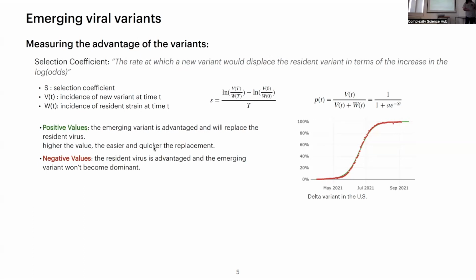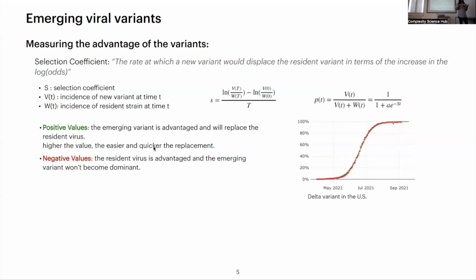If we assume that the new variant emerges when there is a higher level of immunity, that means that there are already a lot of people who are infected. That empowers the interaction term, but it also depends on how these two variants can interact.